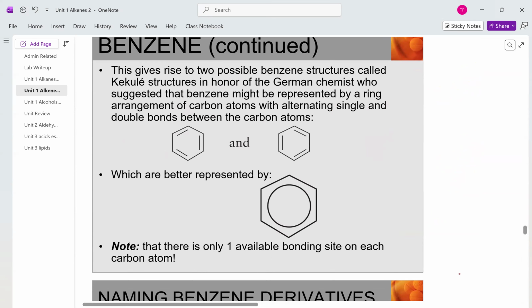Okay, now another interesting thing is that there's only one bonding site here. If you have cyclohexane, there are two per carbon.